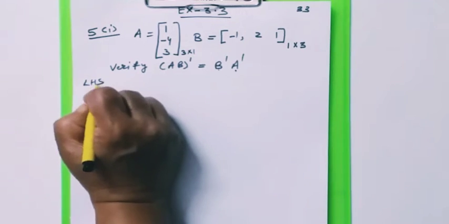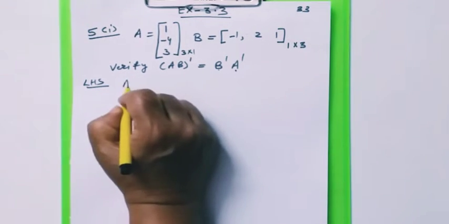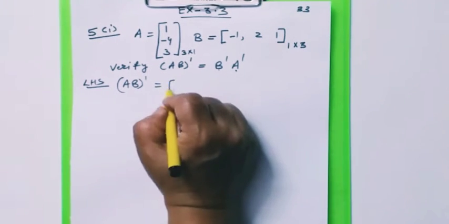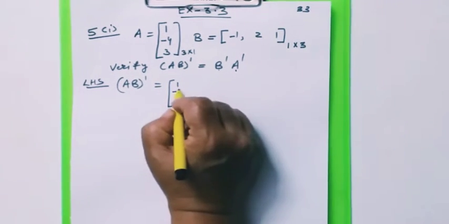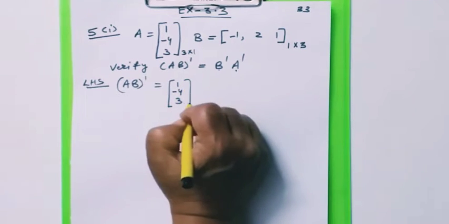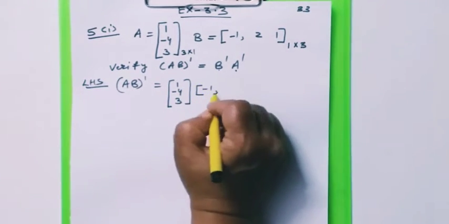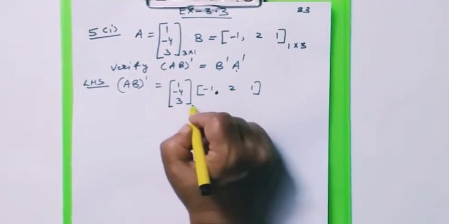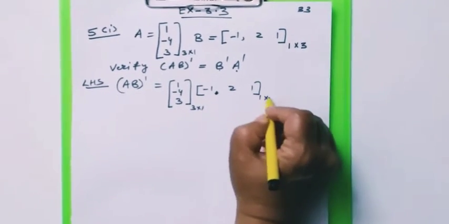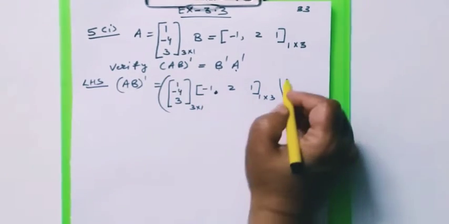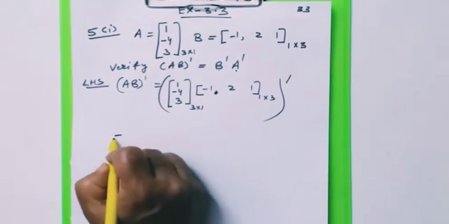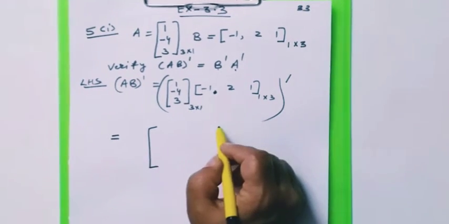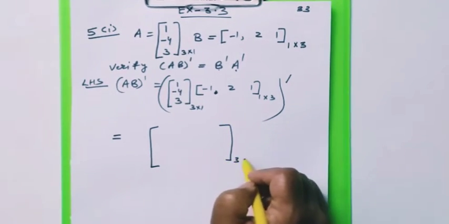We first calculate the left hand side, which says you have to calculate (AB) whole transpose. So I multiply the matrix A, 1 minus 4 3, with the matrix B, minus 1 2 1, a 3 by 1 times a 1 by 3, and whatever I get I have to take its transpose. By looking at these two matrices, I can see that the order of the resulting matrix is going to be 3 by 3.